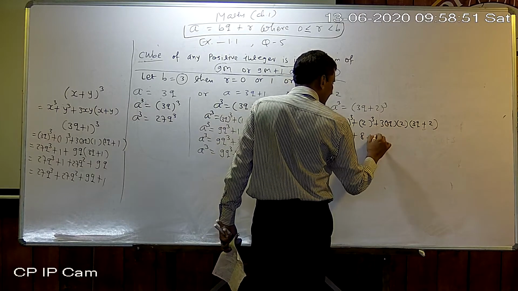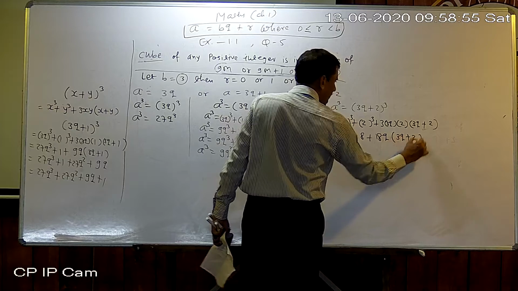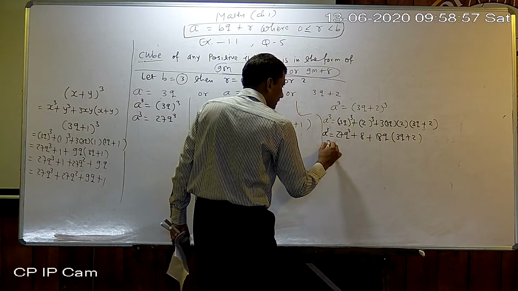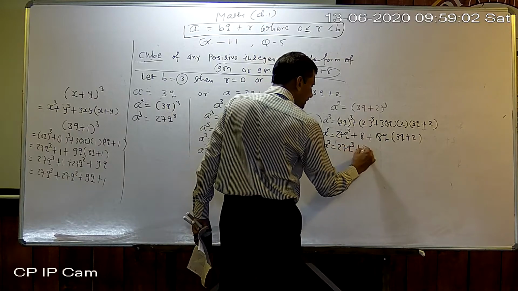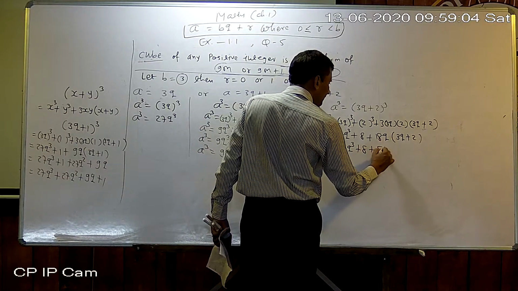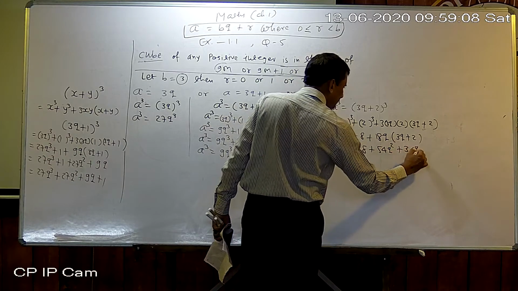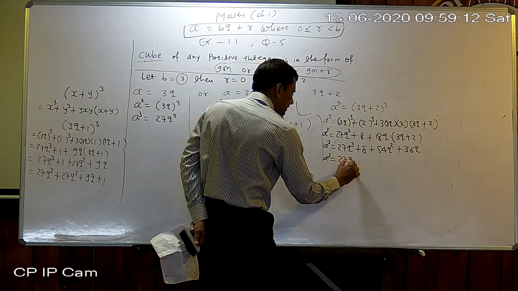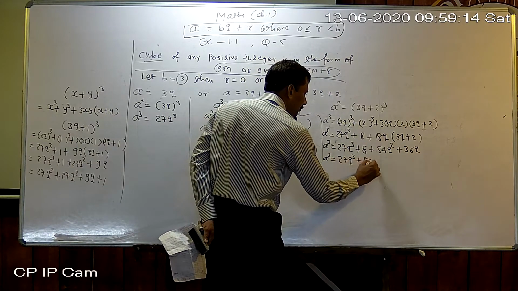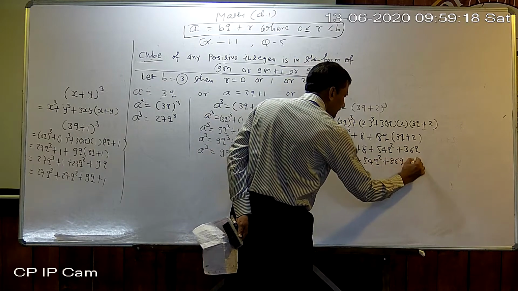So 3 threes are 9, 9 twos are 18, 18q, then (3q plus 2) as it is. Now a cube equals 27q cube plus 8 plus 18 threes are 54q square plus 18 twos are 36q. Now arrange them. So 27q cube plus 54q square plus 36q plus 8.